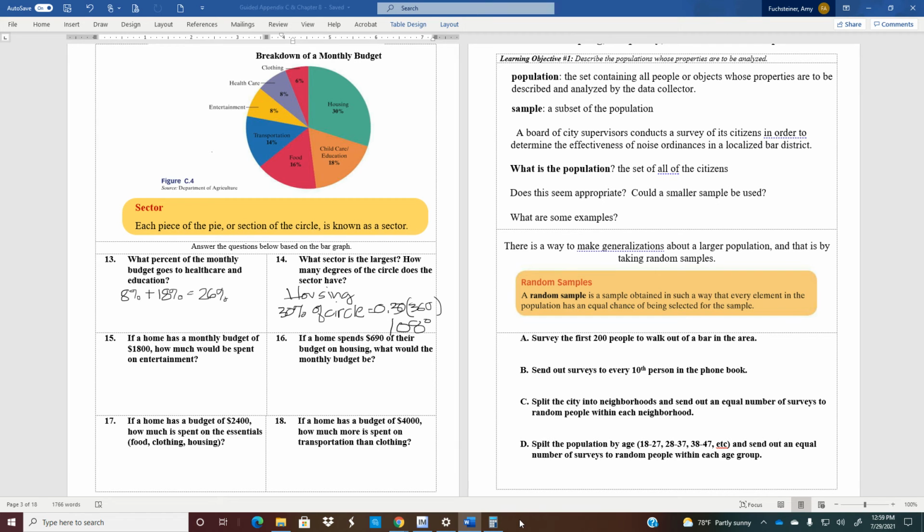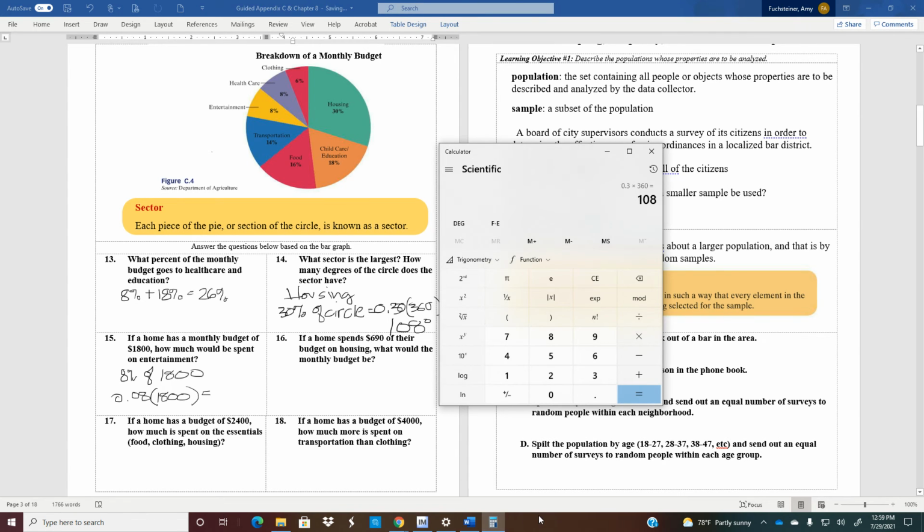All right. Let's take a look at number 15. If a home has a monthly budget of $1,800, how much would be spent on entertainment? Entertainment is 8%. And that's going to be 8% of the monthly budget. So it's 8% of that 1,800. So now I'm going to take 0.08, converting the percent to a decimal, and I'm going to multiply that by 1,800.